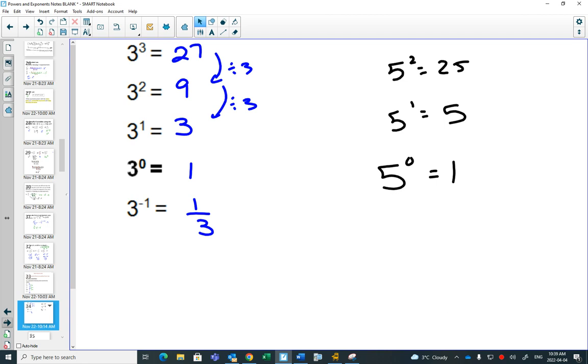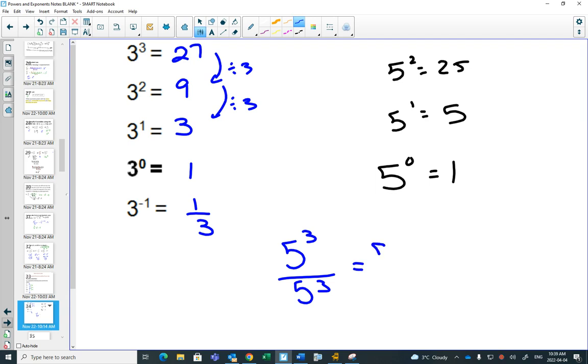Okay? Some other people use the quotient rule to explain the zero rule. What's our quotient rule say? If you have the same bases and you're dividing, what do you do to the exponents? Subtract.